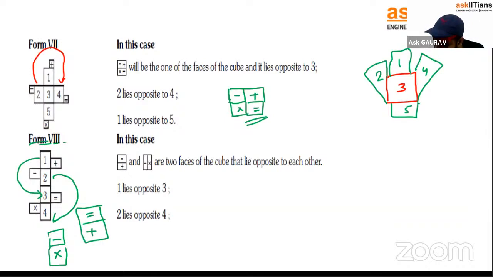which one is 6, Kavitha? Which one is 6? In this form 8, 1 is opposite to 3, 2 is opposite to 4. Then the rest, this minus and multiply, they will be in the form of a horizontal one.